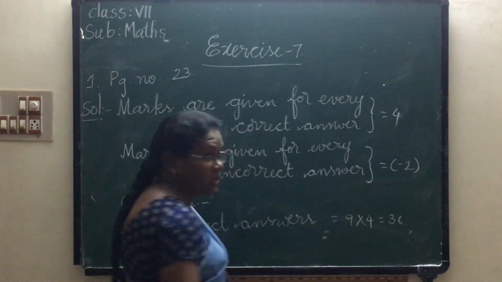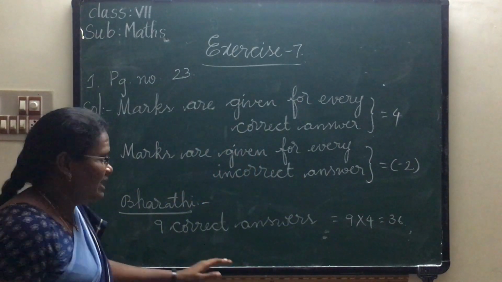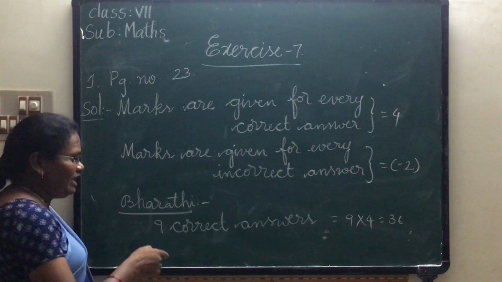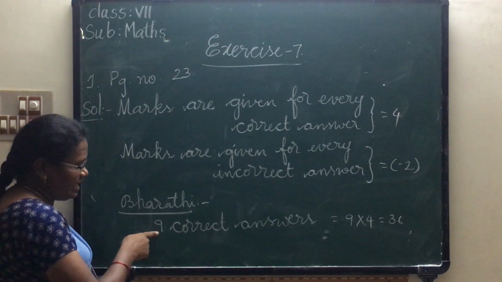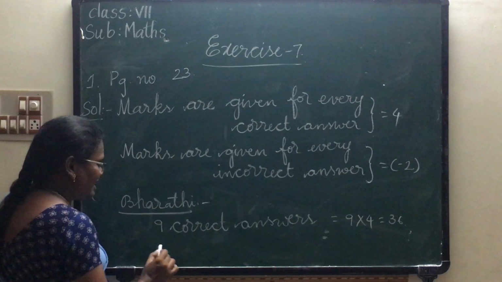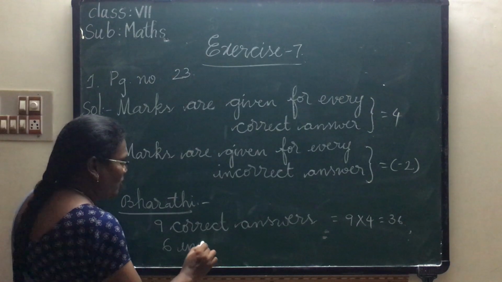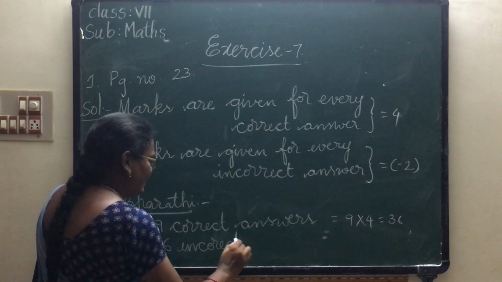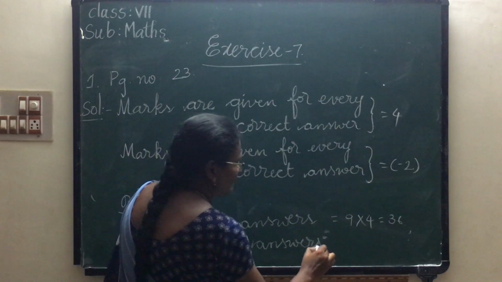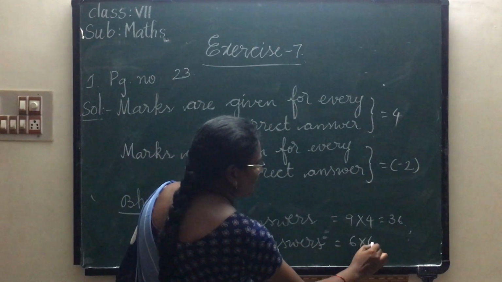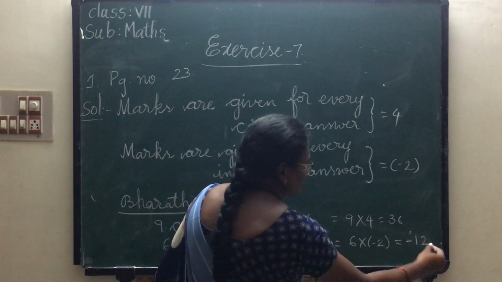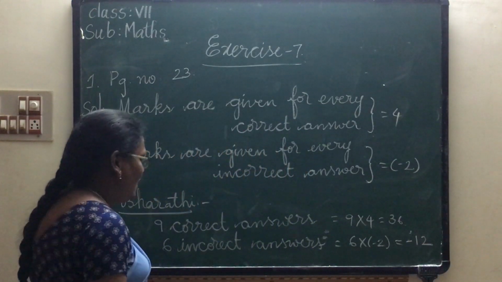She attempted all questions in the set. In the question here, how many questions are in total? 15 questions. Out of 15, she gave 9 correct answers. 15 minus 9 is equal to how much? 6. 6 incorrect answers. 6 into minus 2 is equal to how much, children? 6 twos are 12, so minus 12.